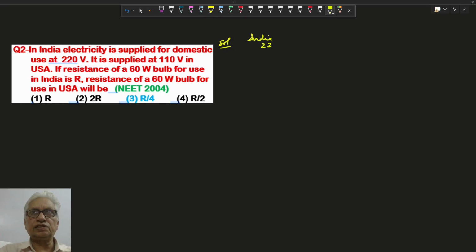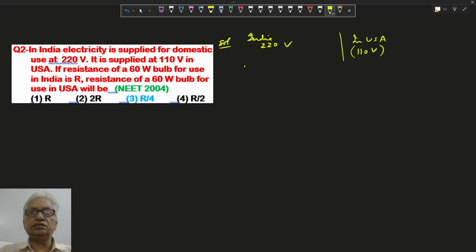Hello. In this question, domestic supply in India is 220 volt. In USA, the supply is 110 volt, because lower voltage is cheaper but also costly in other ways.